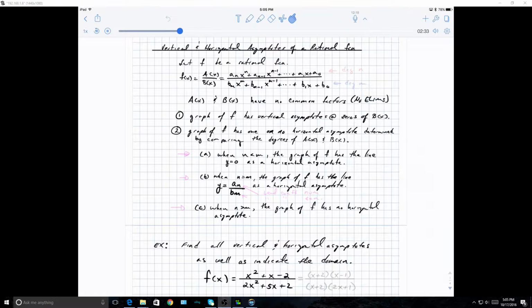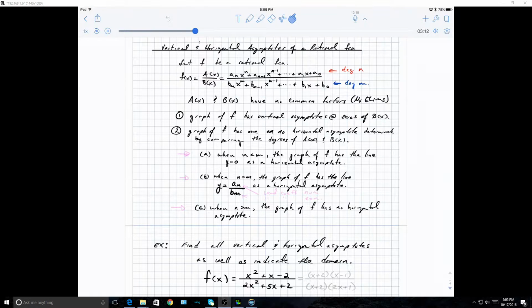So in order to do this, we're going to let f be a rational function, such that f of x is a of x over b of x, and a of x is some polynomial with degree n, and in the denominator we have some polynomial with degree m, okay? And then we have to state that a and b have no more common factors, so you cannot do any more eliminations. This is as basic as it can get. It's the smallest simplified form, okay?